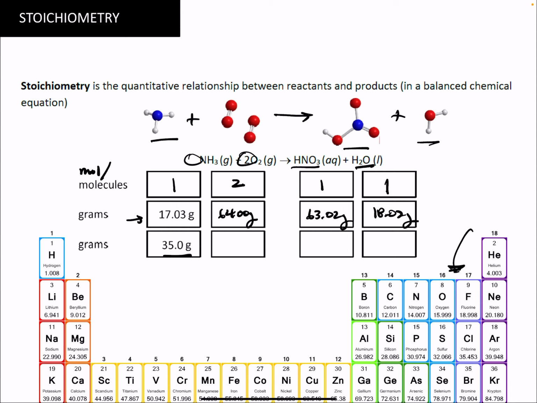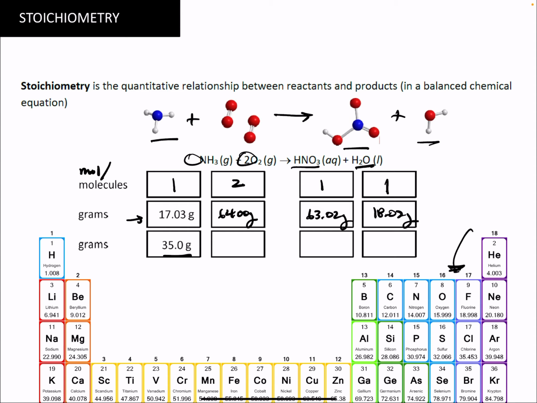Did we do that? I don't think we did. Let me calculate this one quick. O2 would be 35 divided by 17.03 times 2 times 32. I'm getting 132 grams. We didn't do this. Did we do this calculation? No, we did not. That would have been better to do that, wouldn't it?